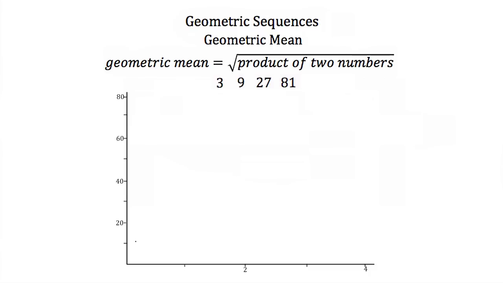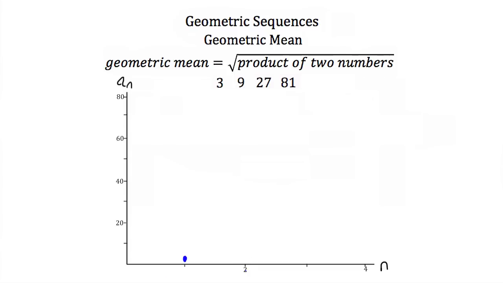If we call the x-axis here the n-axis, or the position of our sequence, and then the y-axis is the value of our terms, so the nth term axis, then we can plot our sequence 3, 9, 27, and 81. Our first term is 3, and that would be roughly right about there.